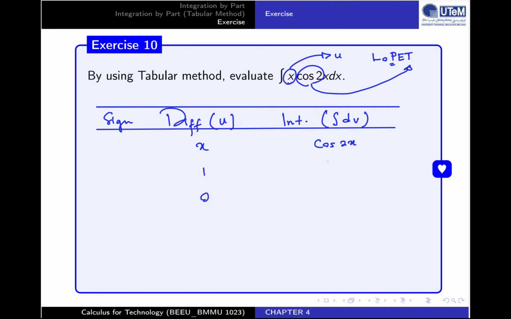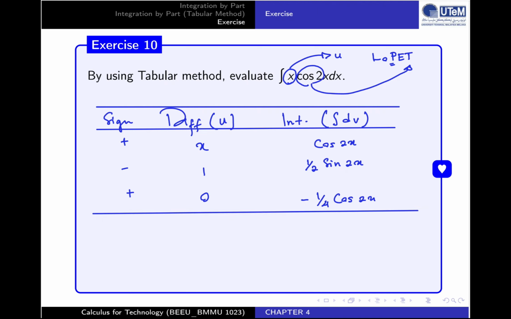Integrate cos 2x, you get 1 over 2 sine 2x. Integrate 1 over 2 sine 2x, you get negative 1 over 4 cos 2x. The signs here are plus, minus, plus. So this one is a multiplication and this one is a multiplication.